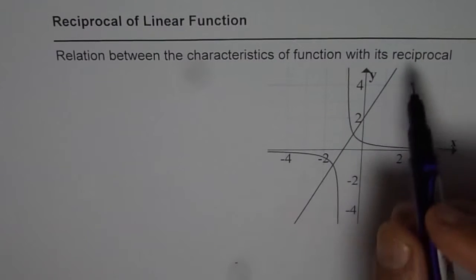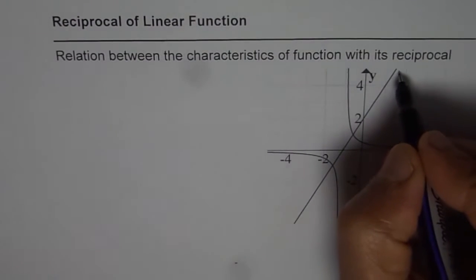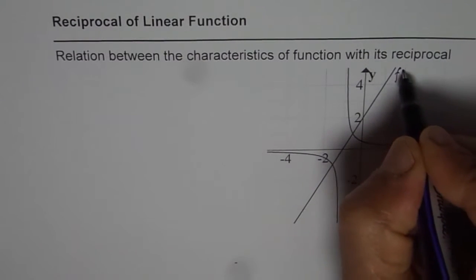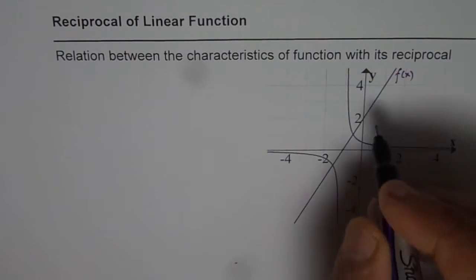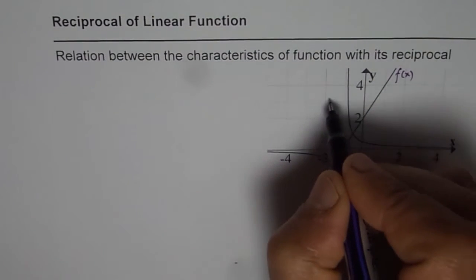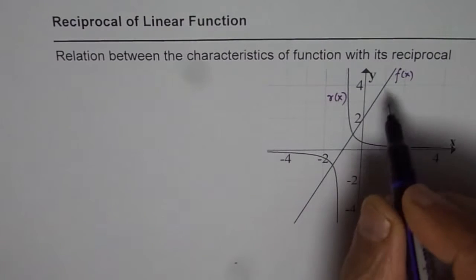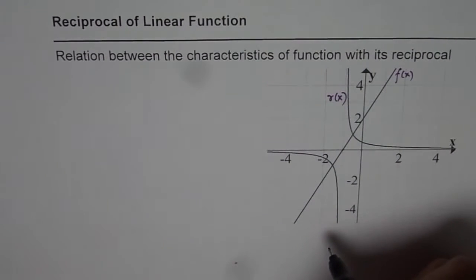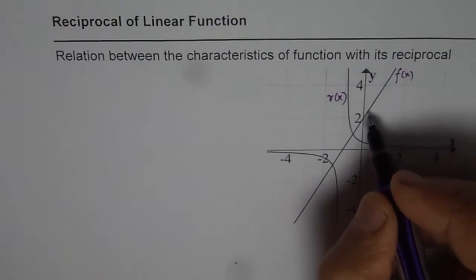So here on a graph we have a straight line, and we'll call this the function f of x, and we also sketch a reciprocal of this function. Let me call it for the time being r of x as a reciprocal function of our linear function, correct? So let's analyze the line itself.